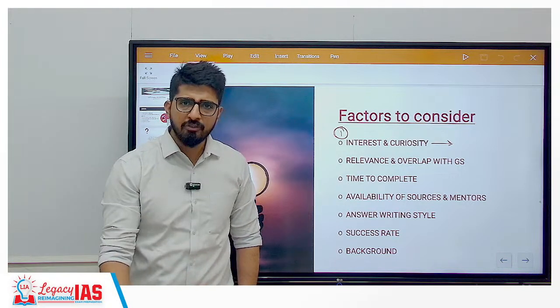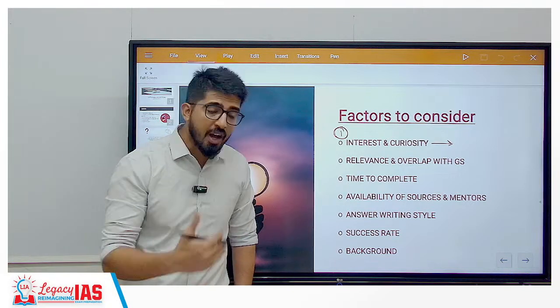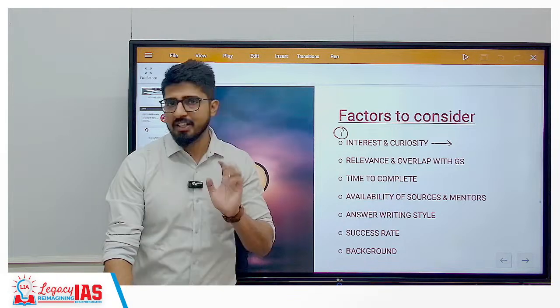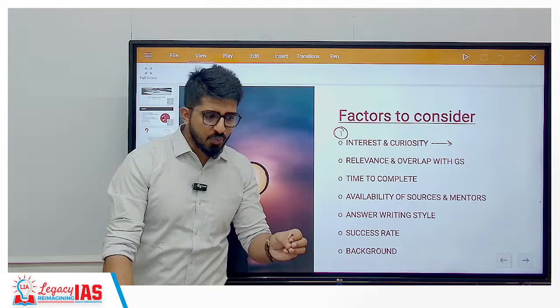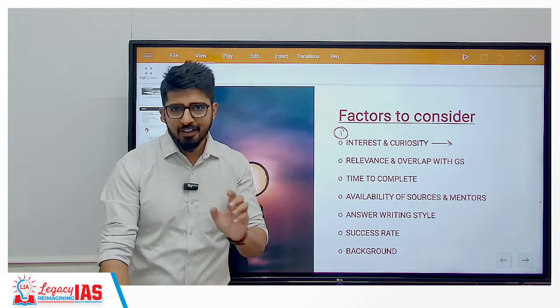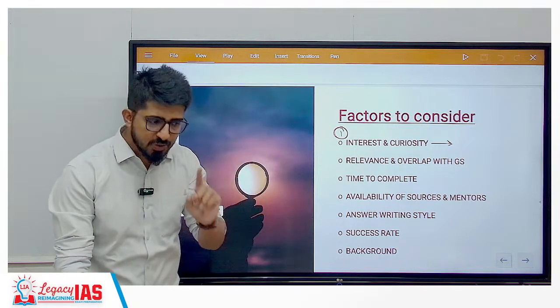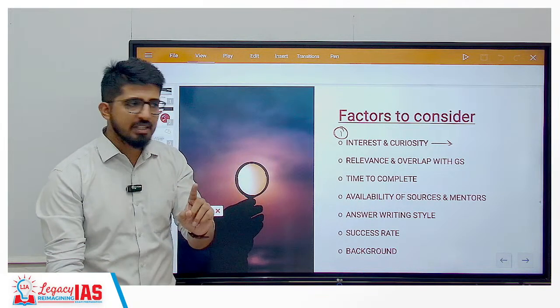Something extra you have to do, and you have to add it in your content, in your answers. And for that to be done, you need to have the interest. Without interest, you'll not search for anything, you'll not dig deeper. That is why this becomes important. The first and the foremost thing to choose an optional is interest and curiosity.